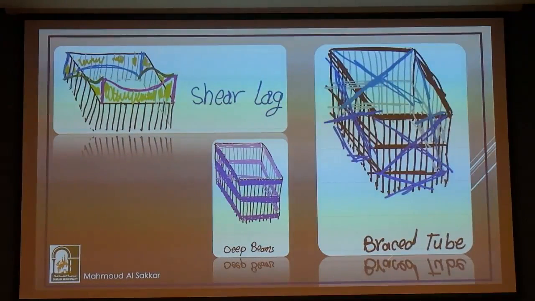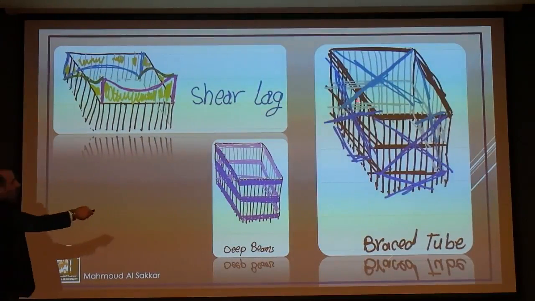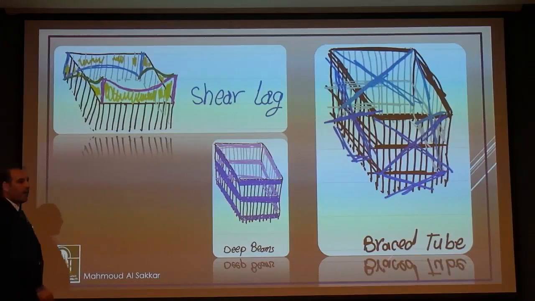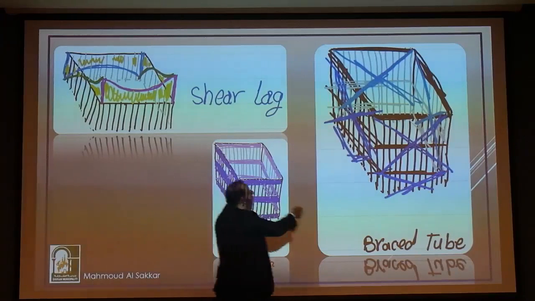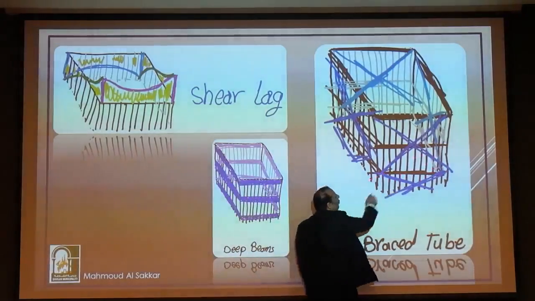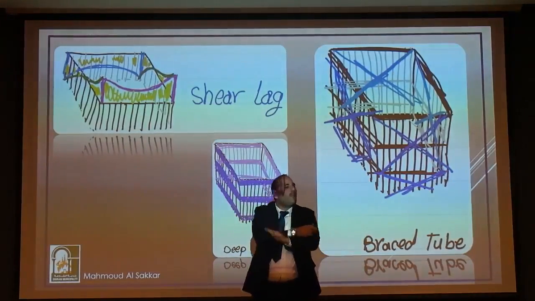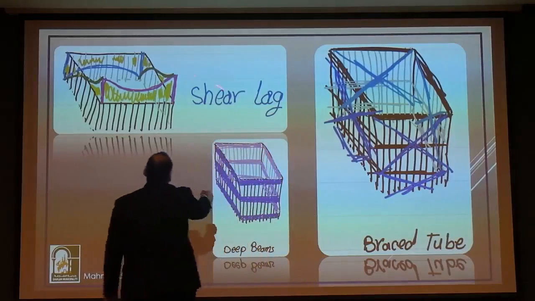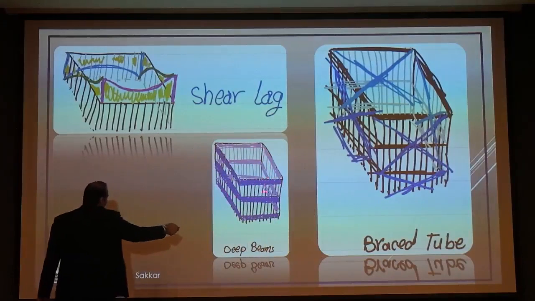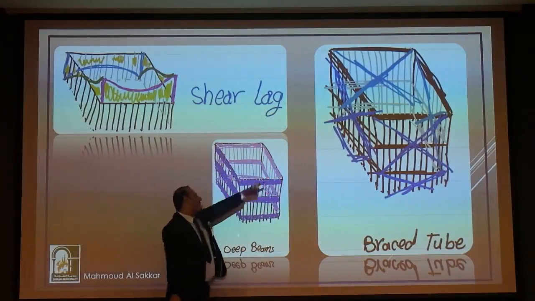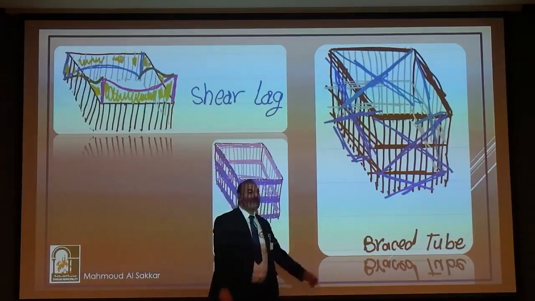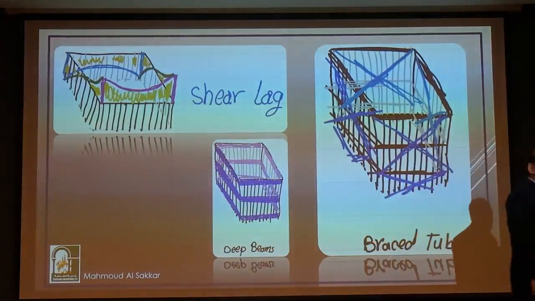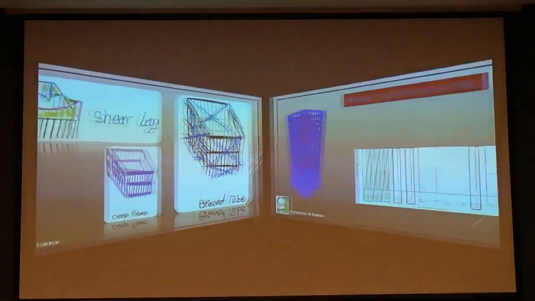What about if we just connect them by bracing? If you just connect by diagonal bracing, all of them are going to work together because they have bracing. It's called braced tubular structure, done by Fazlur Rahman Khan. So tubular structure itself, with its enhancement by Fazlur Rahman Khan, once again the braced tube was by Fazlur Rahman Khan, and he adopted this one in a tower called John Hancock Tower in America, of course.